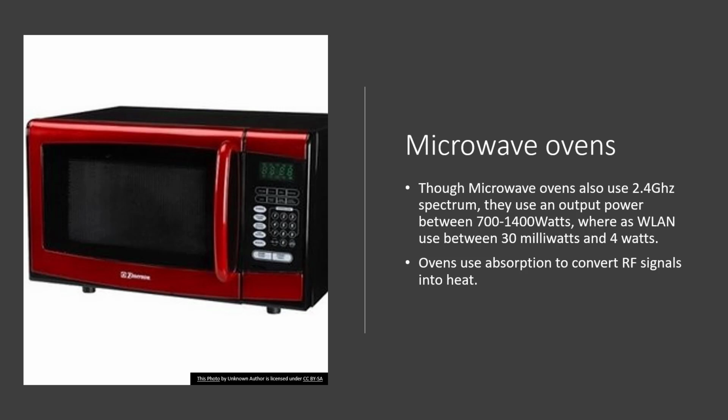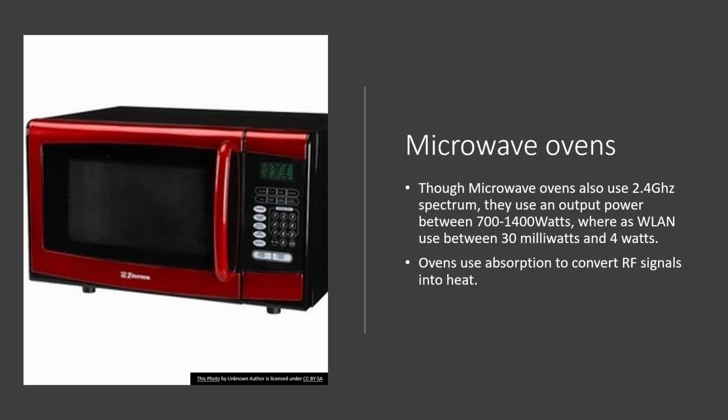What happens in the microwave? It uses exactly the same 2.4 gigahertz spectrum that you use for your wireless communication. However, it uses a very high output power, between 700 to 1400 watts, whereas wireless LAN uses something like 30 milliwatts to 4 watts. Whenever the signal hits the object kept in the microwave oven, the object starts absorbing.